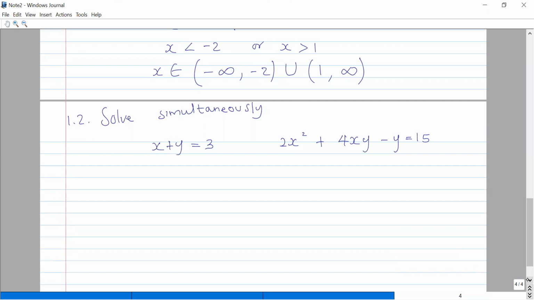So when you're solving simultaneous equations, it's up to you which one you want to make the subject of the formula. So I can just pick x. X is equal to, I make x the subject, so it's going to be 3 minus y from the first equation.